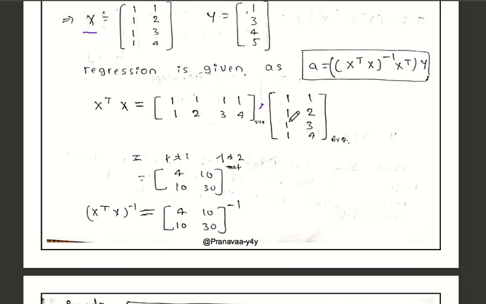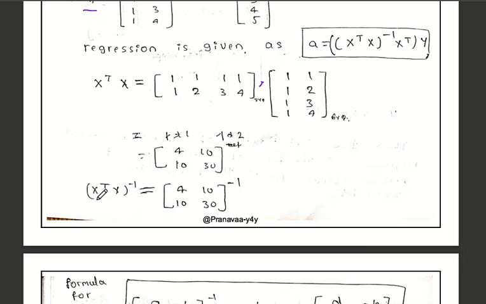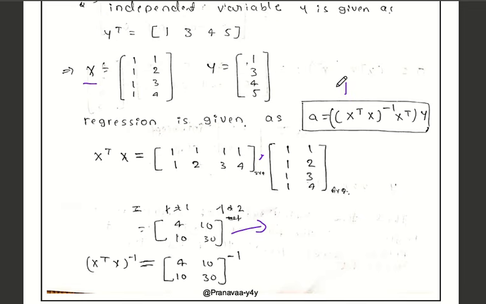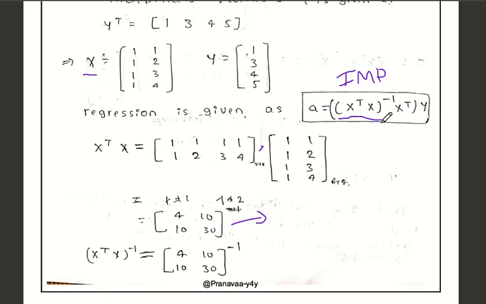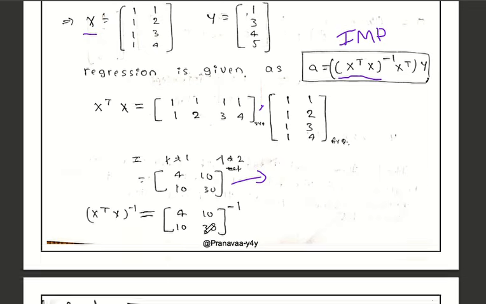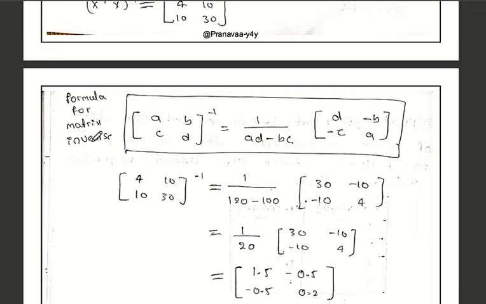So when you do this procedure, you will get x transpose x. Then again you need to take the transpose because this is the formula. Okay, so you need to remember this formula, and why you are doing this: you are finding this value x transpose x, and the whole transpose. So here one standard formula is there.